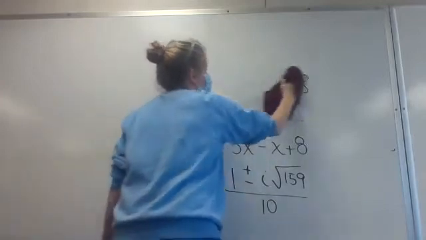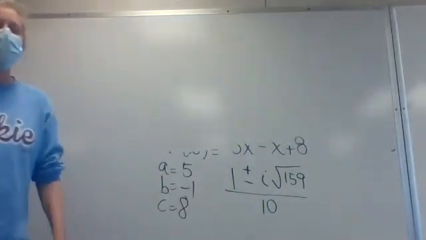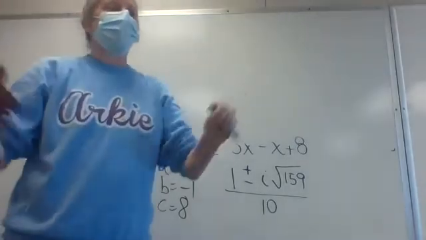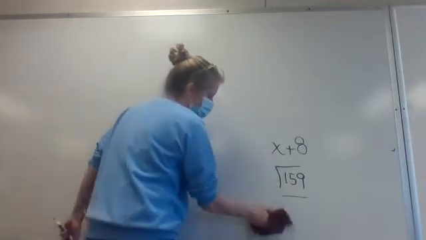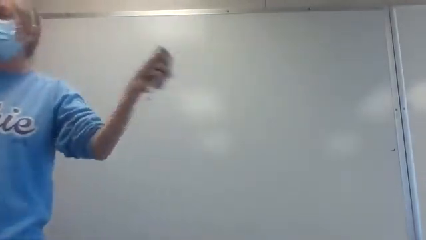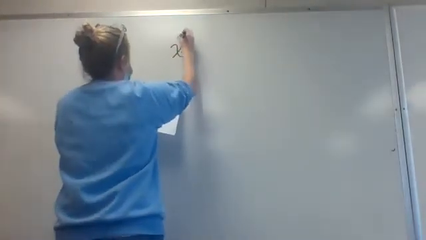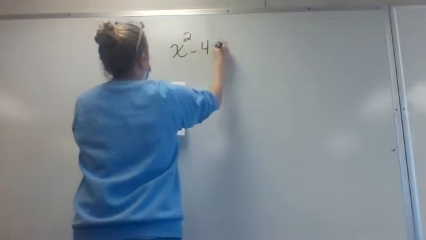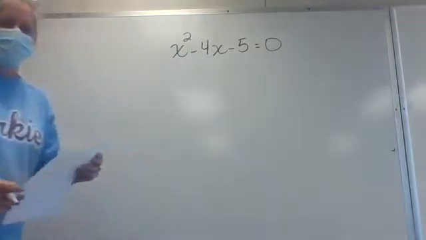Now, number 7 is one that's going to tie in solutions to a quad equation to where the x-intercepts of your parabola are, right? They are related. The x-intercepts are where it crosses the x-axis, and it's going to be the same places as the solutions to the quad equation were. So on number 7, your function is x squared minus 4x minus 5 equals 0.